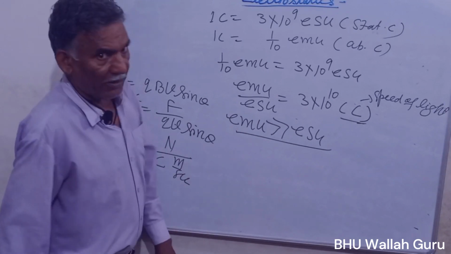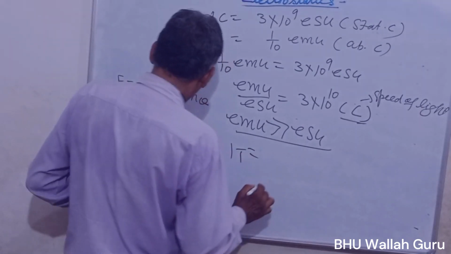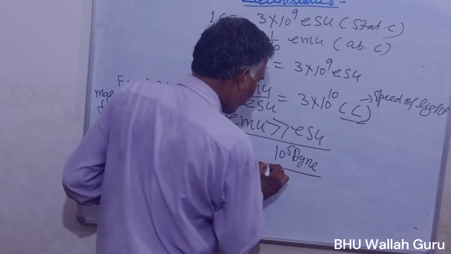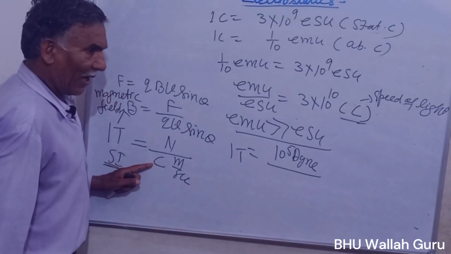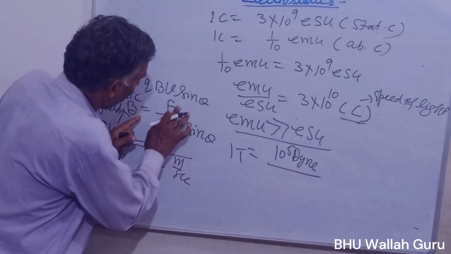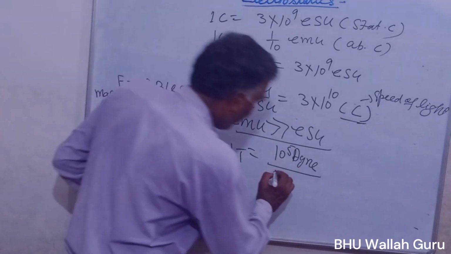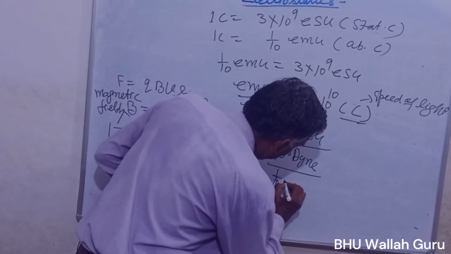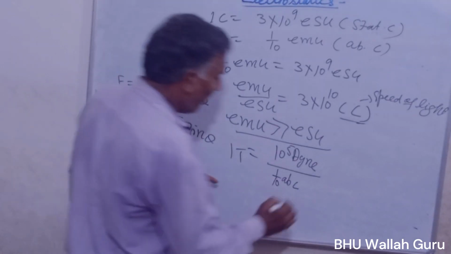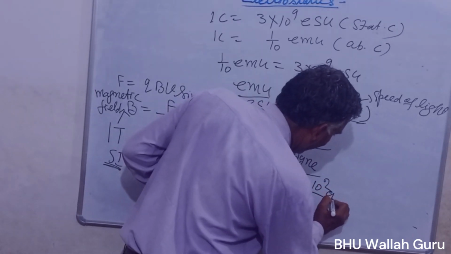We have to convert this Tesla into CGS. So 1 Tesla is equal to 10 to the power 5 dyne per 1 upon 10 ab Coulomb times 10 to the power 2 centimeter per second.